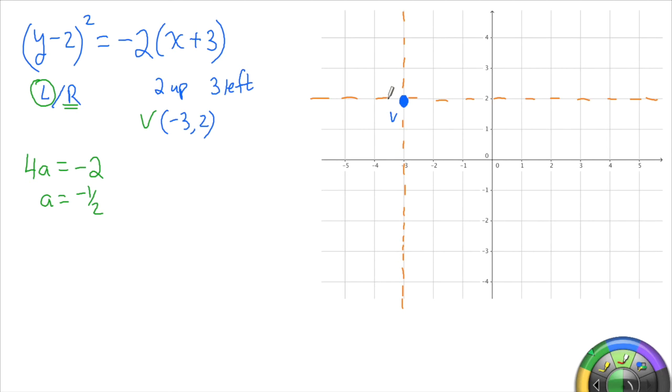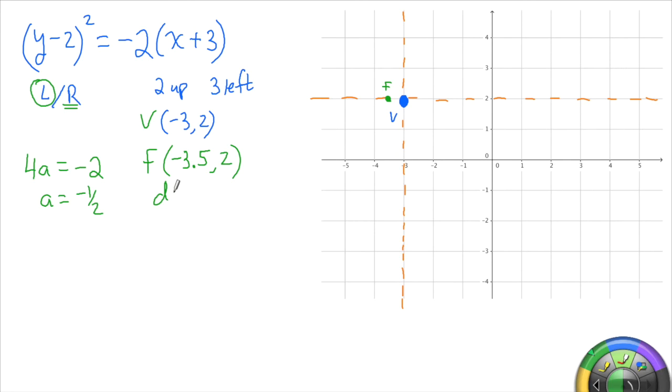So we're going to move left 1/2, and this becomes our foci. So the coordinate of that foci is going to be negative 3 1/2, or negative 7/2, comma 2. All right, then the directrix has to go the other way.